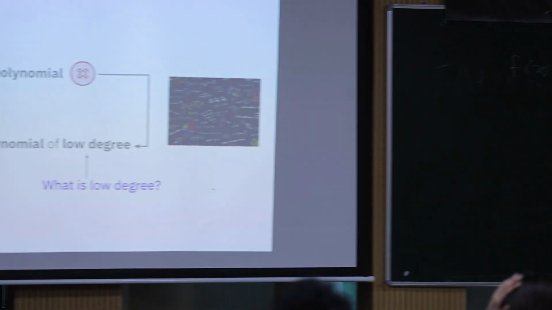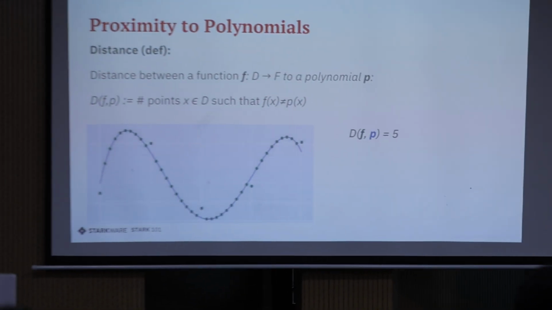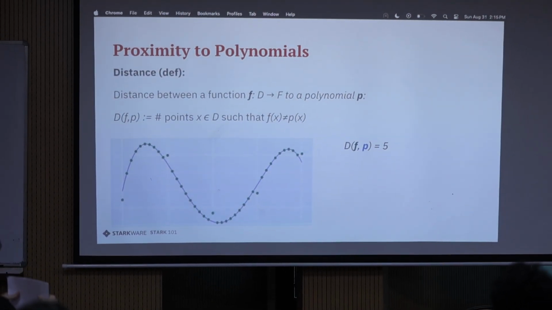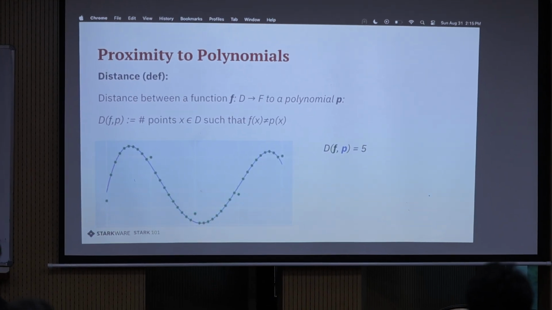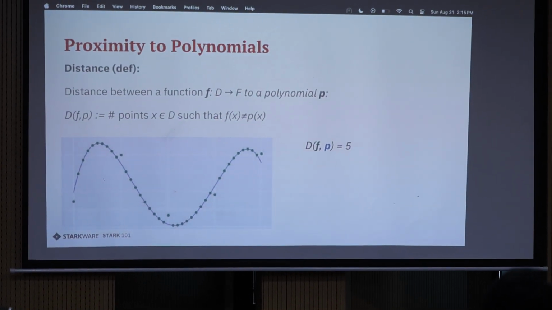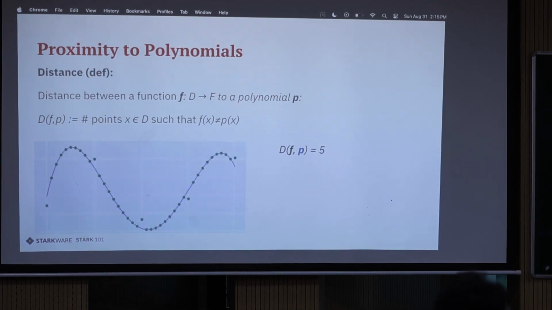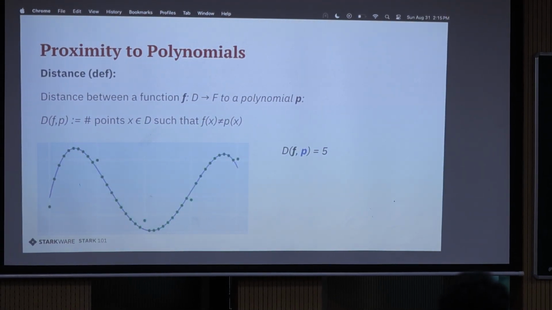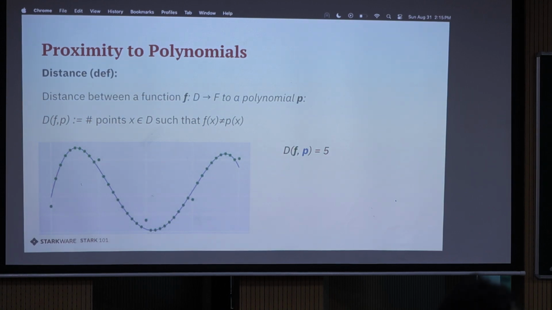And what do I mean by close? Close essentially means that if I have some function f from D to F and a polynomial p, then the distance is the number of points such that f(x) is not equal to p(x). And we want this distance to be very small. What is CP?